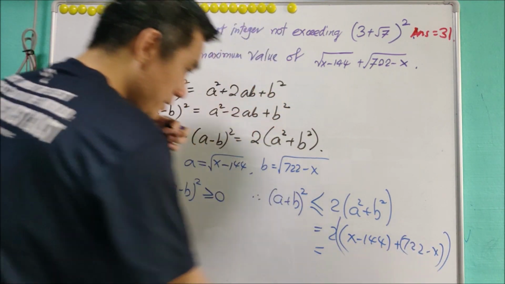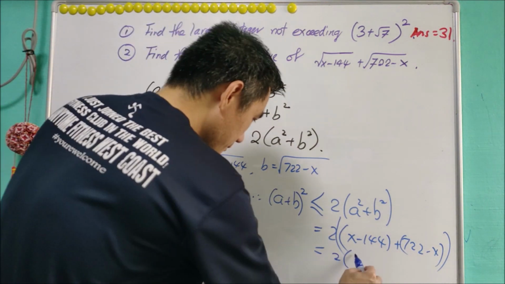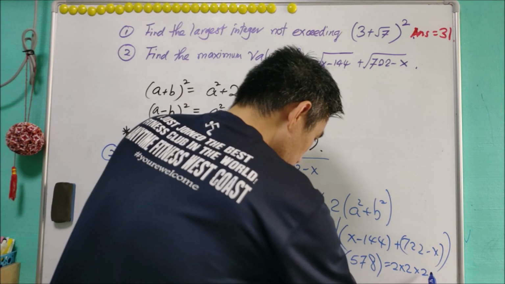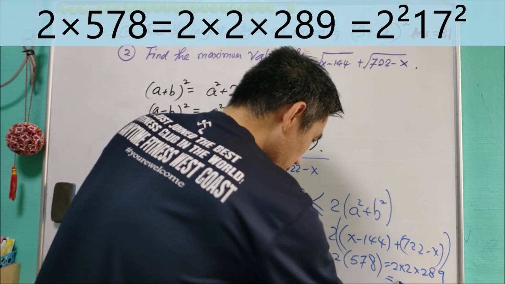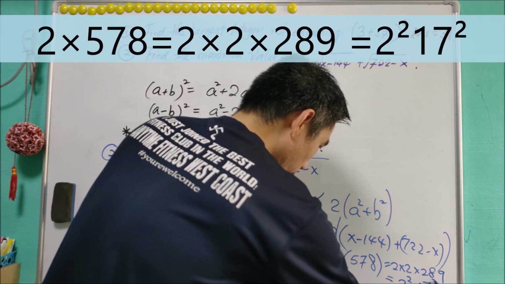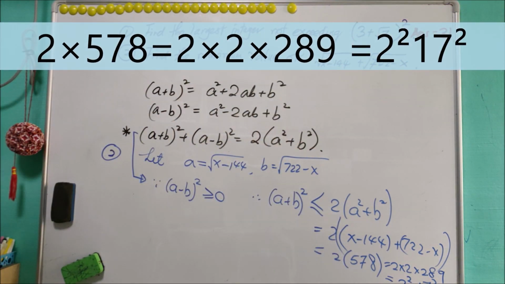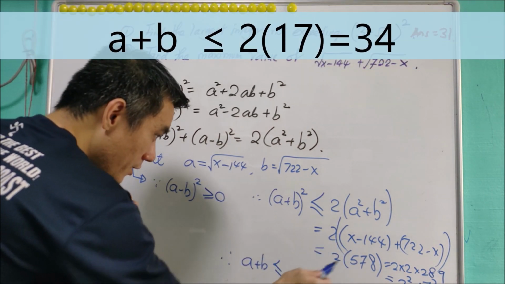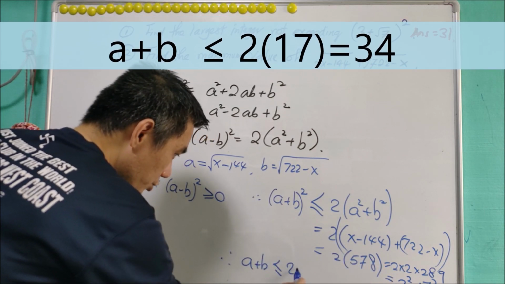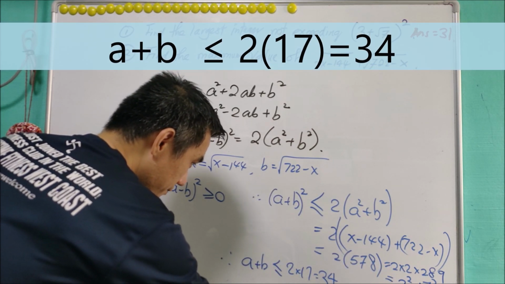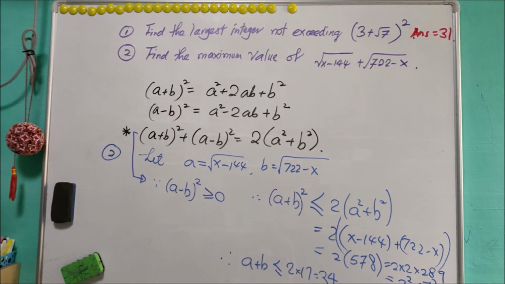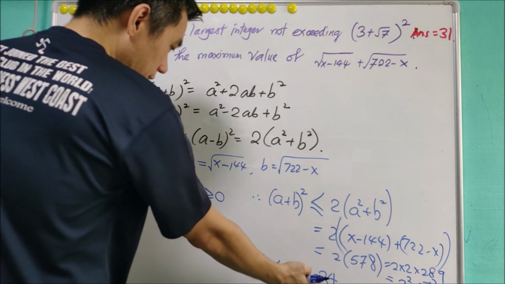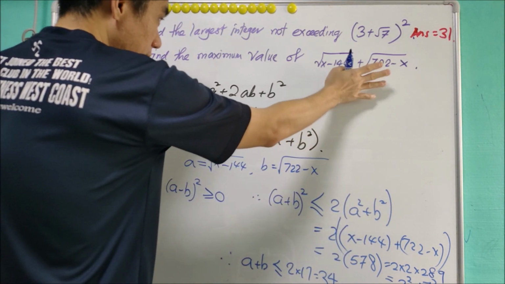The x will cancel off and this equals 578. 578 itself is equal to 2 times 289, and this is equal to 2 times 17 squared, since 17 squared is 289. Therefore, a plus b will be less than or equal to the square root of this value, that is 2 times 17, that is 34. So with this equation, we know that the sum of A and B is not more than 34.